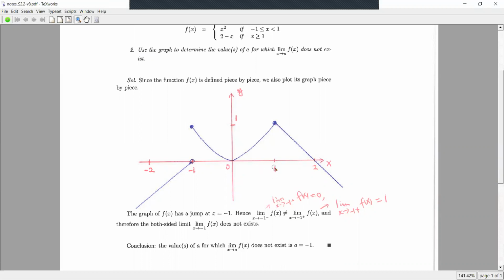So at +1, both sided limit exists. For this function, only at -1, both sided limit doesn't exist. So the conclusion is the value of a for which both sided limit doesn't exist is a is -1.